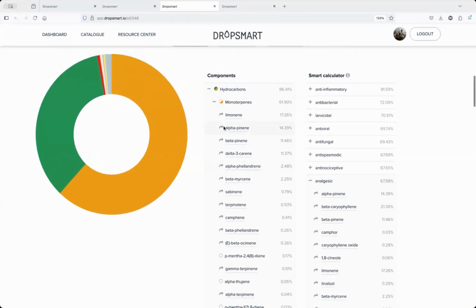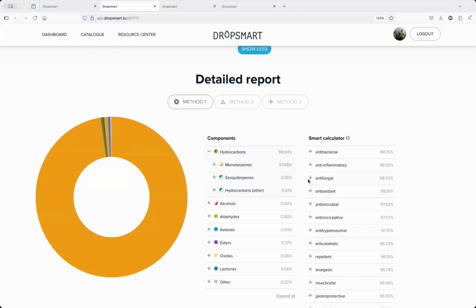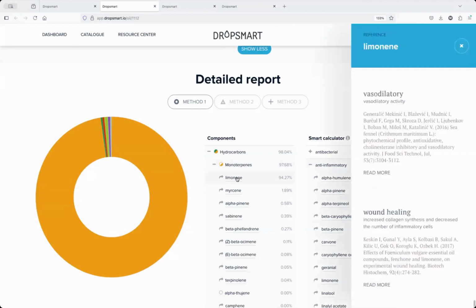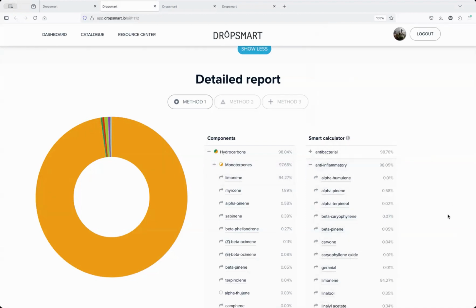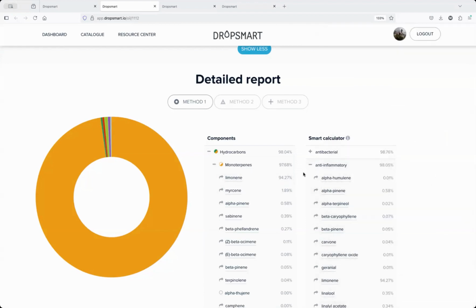So if we look at the oil we did last time, because most of it is limonene, right? It's mainly looking at that problem from one angle. Like 95% of the power comes from the same direction.